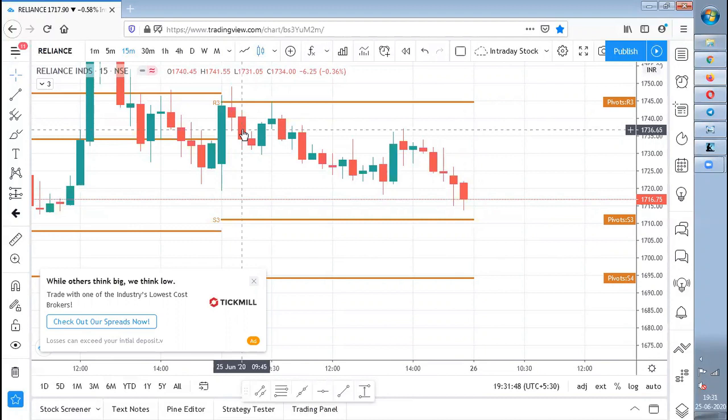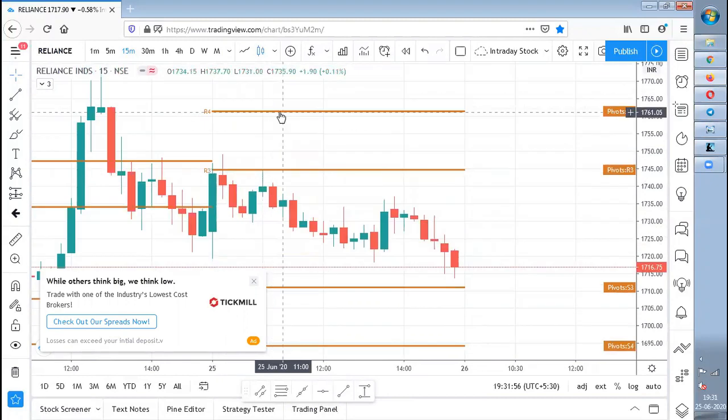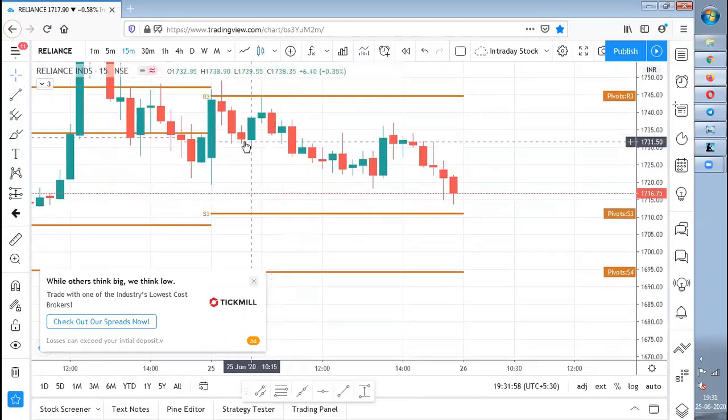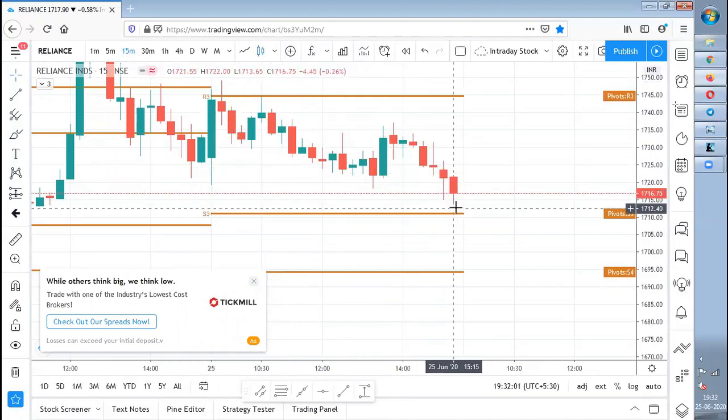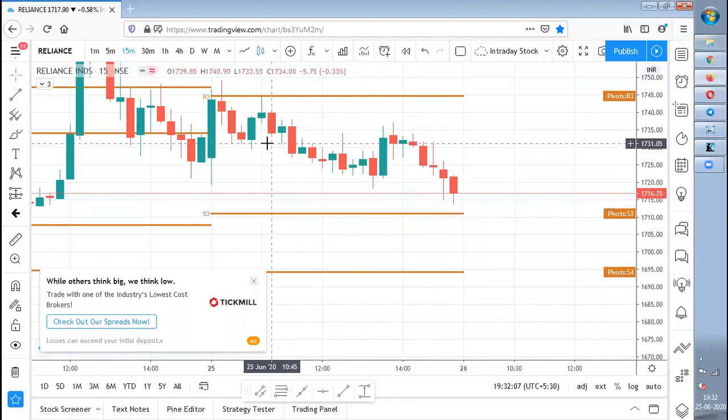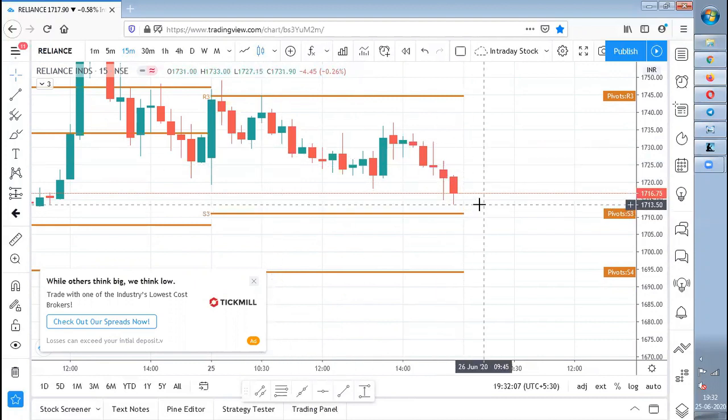So you can go for a trade here, and you can keep an SL here, or keep the SL at H4, and hold the trade for L3 until the end of the market. It tried to reach L3 but did not. Anyway, if you entered at 1731, you would have exited at 1713, which is nearly 18 points. So this is what I thought of sharing in this video.